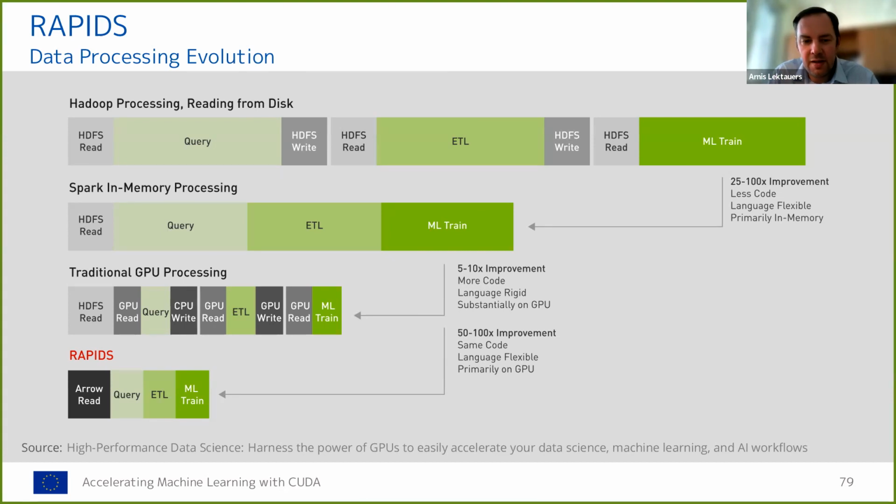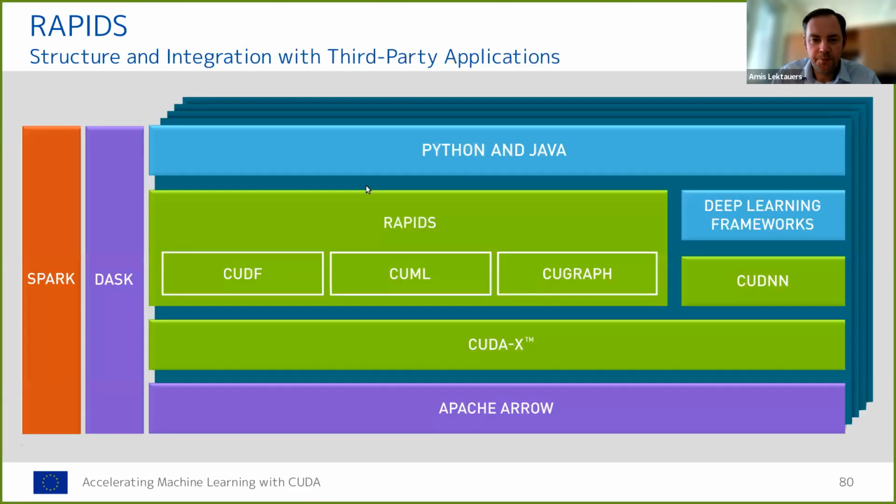However, everything is running on the GPU side without unnecessary data transfer between host and GPU. RAPIDS has three main components: cuDF, cuML, and cuGraph. Here we can also see integration possibilities with other libraries, including cuDNN and deep learning frameworks such as PyTorch or TensorFlow.